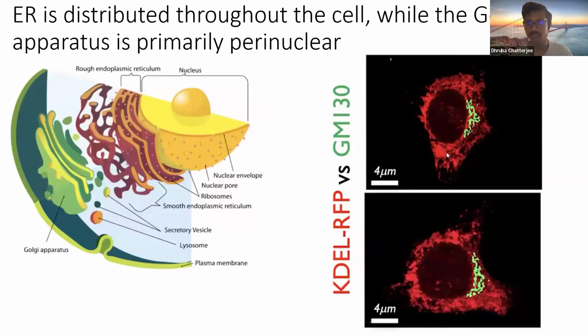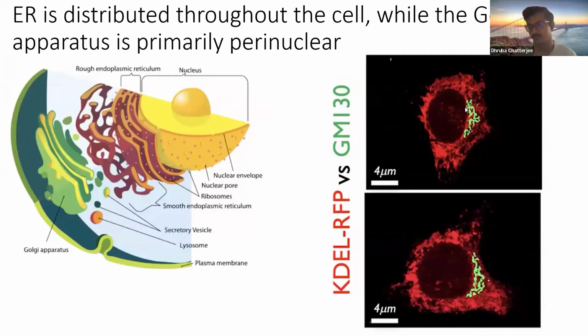The endoplasmic reticulum is actually an elaborate network. The endoplasmic reticulum membrane contributes to almost half of the total membrane-bound compartments of the cell, including the plasma membrane. These confocal microscopic images, these fluorescence microscopic images, very nicely show that the endoplasmic reticulum is distributed throughout the cell, whereas Golgi is primarily located in the perinuclear region, right?